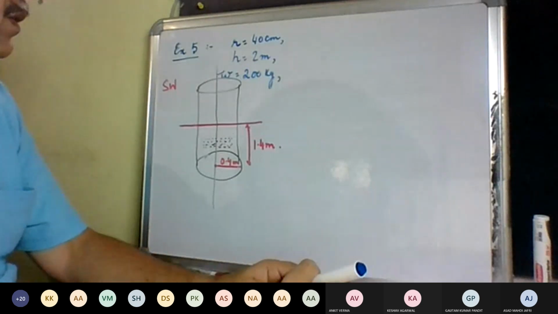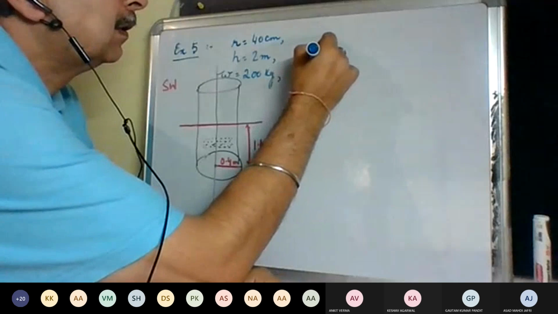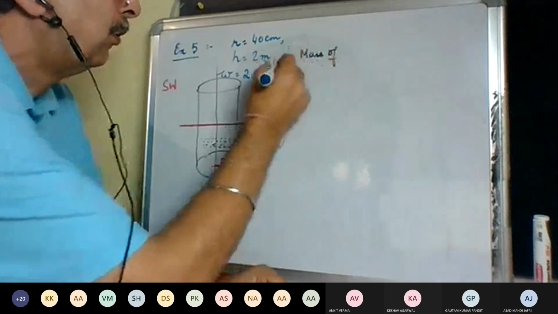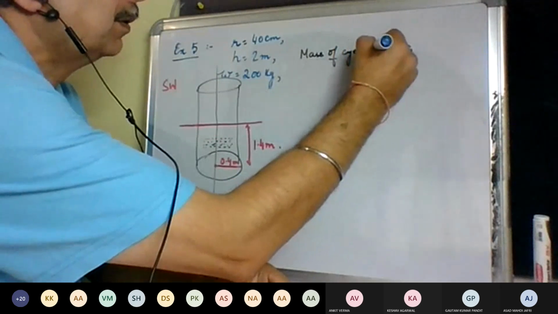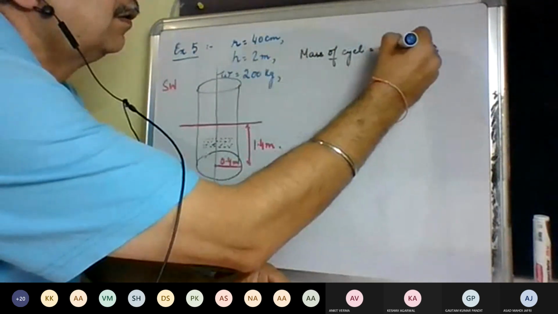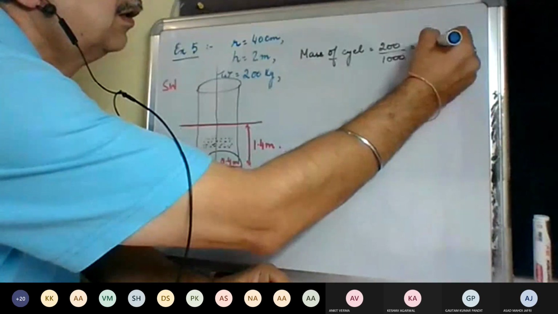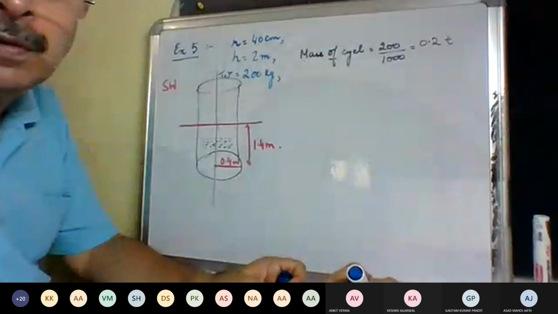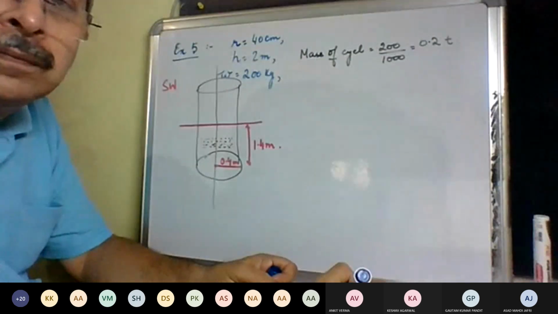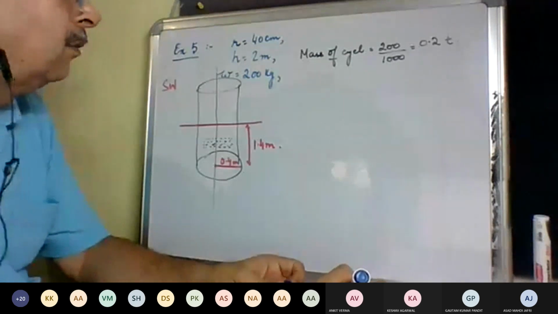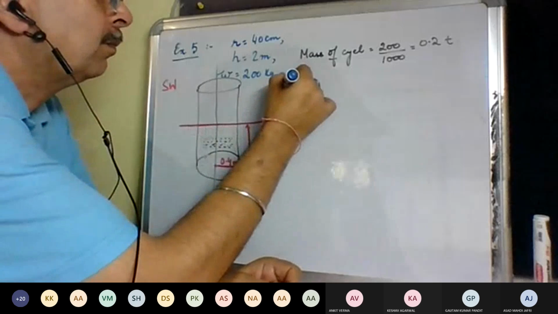So what is my mass of the cylinder, the light ship? That is 200 divided by 1000. That is 0.2 tons, the mass of the cylinder. Now, what is the underwater volume?